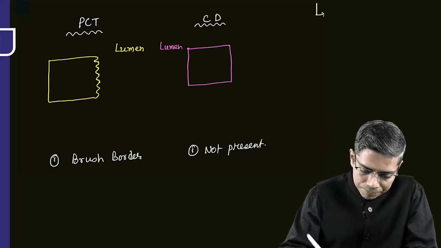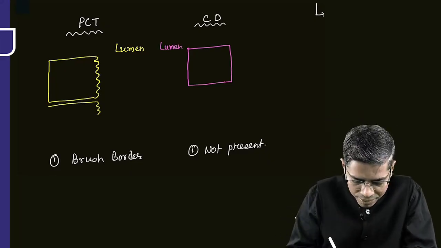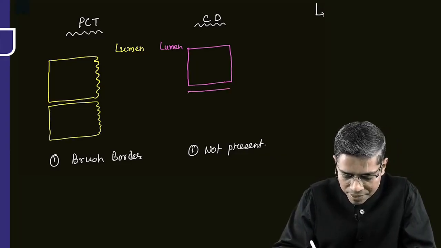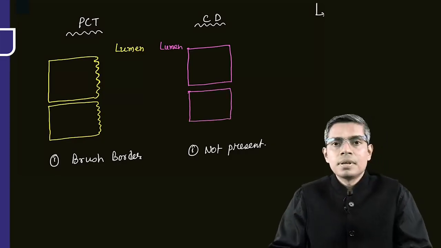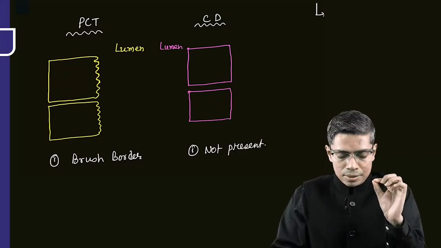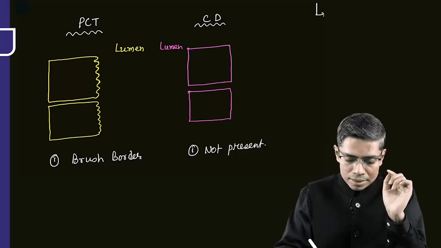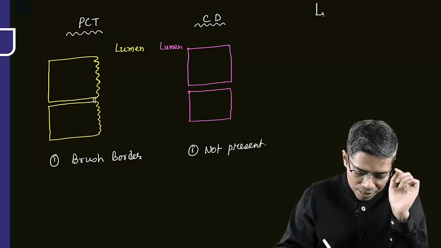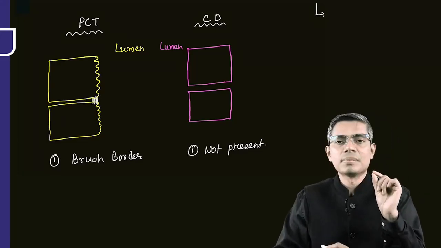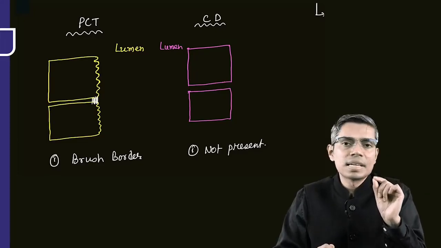Now the second thing, I am drawing another cell just close to this. So this is another epithelium cell here. Similarly, I am also drawing another epithelium cell at the level of collecting duct, right? Now, the apical most portion of these two epithelium cells will be connected with one another with the help of a tight junction. This is the attachment point between two epithelium cells, which is known as the tight junction.